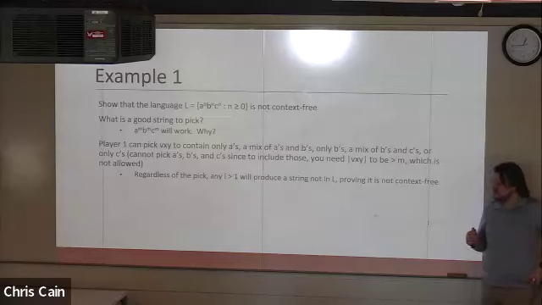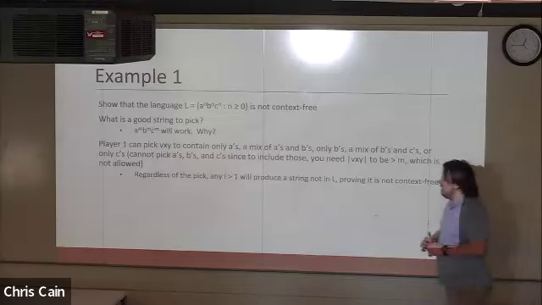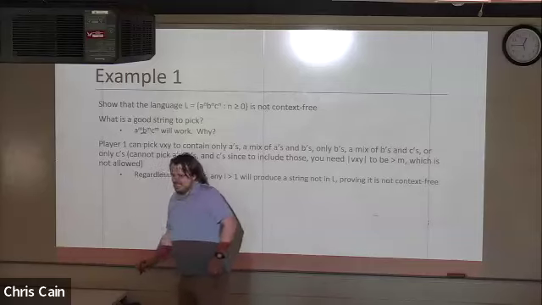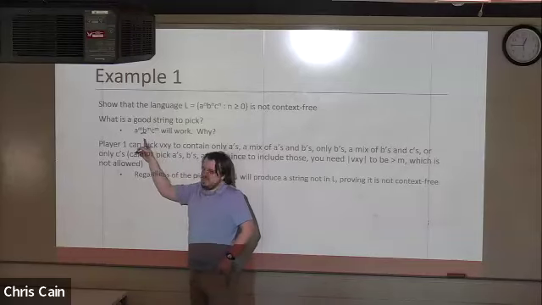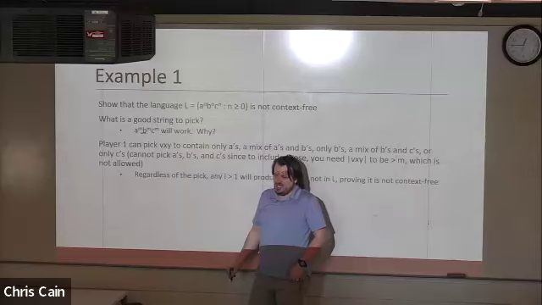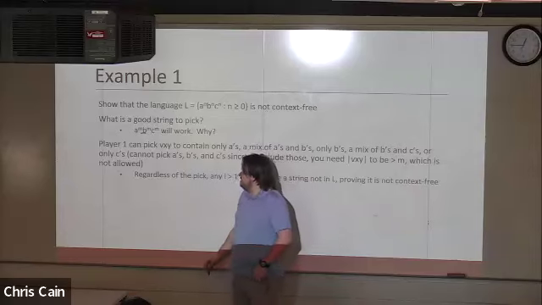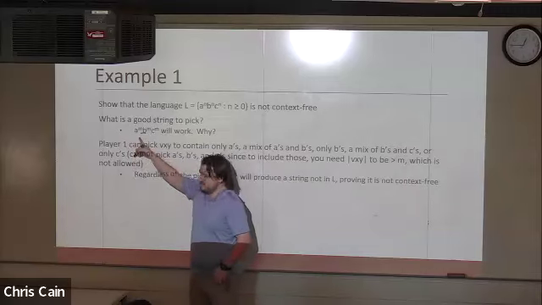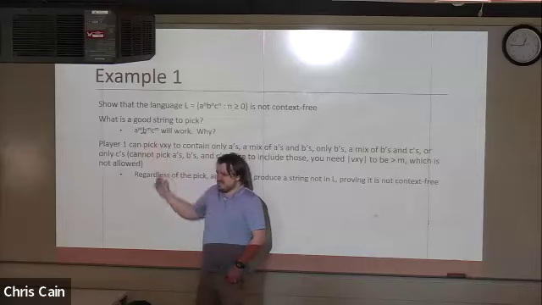And then there are essentially going to be more A's and B's or more B's and C's than A's or C's. Yes. So if you pump something in the middle of these A's and B's, we know that we're going to be adding at least one, either A or B, to the string, if we set I equal to 2. So we either end up in the case where we already showed adding some A's doesn't work, or adding some B's doesn't work.